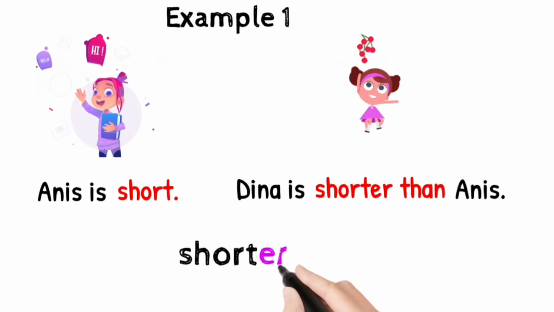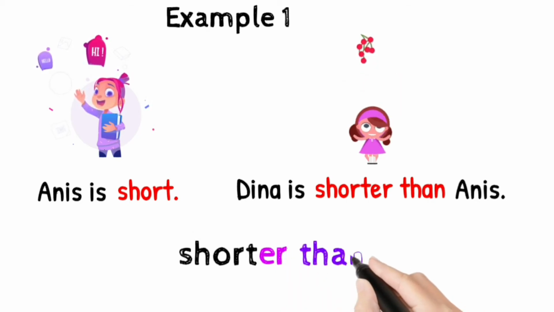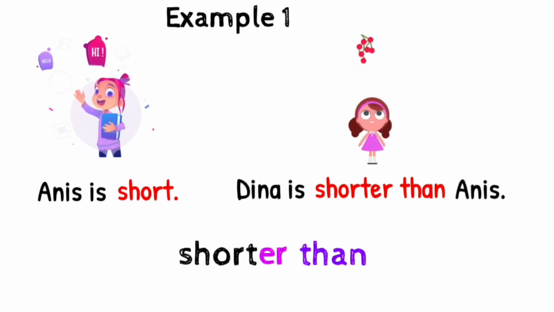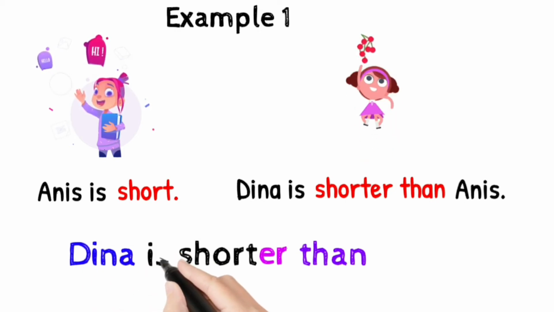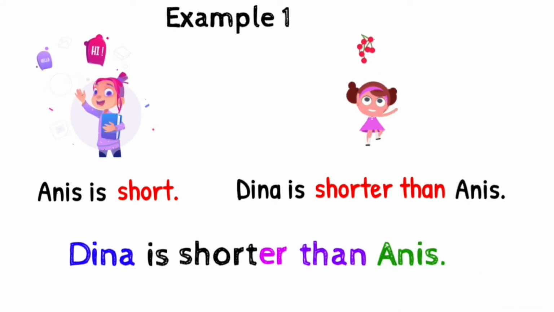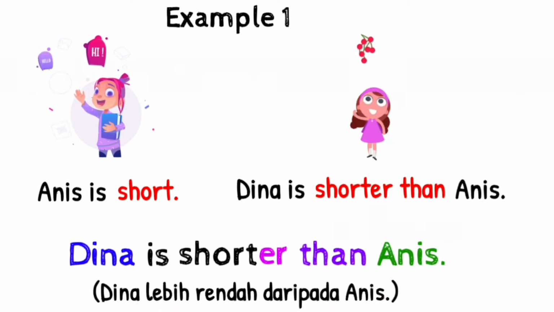We add er and we also add the word than to form comparative adjective, which means lebih rendah daripada. This is to compare between Dina and Anis. Dina is shorter than Anis. It means Dina lebih rendah daripada Anis.